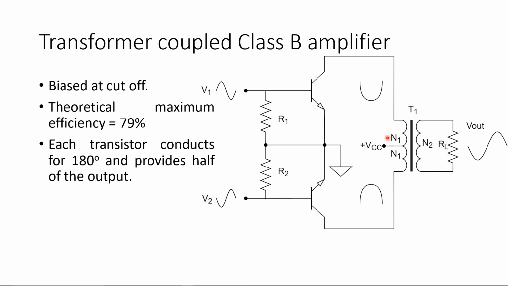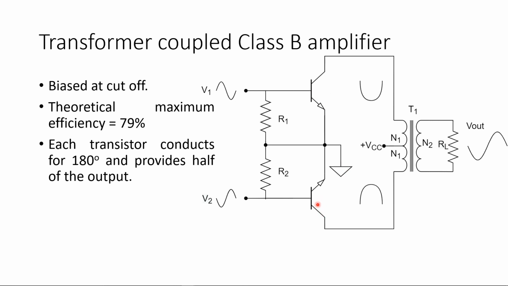These two will combine at the primary side and give a full signal at the output. So 180 degree conduction will be achieved by this one, and the other 180 degree conduction will be achieved by the second transistor. This is how your class B amplifier works.